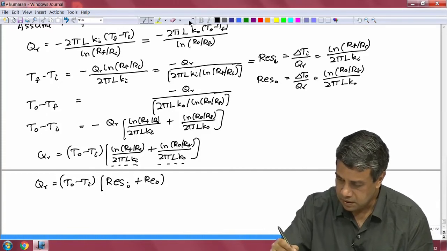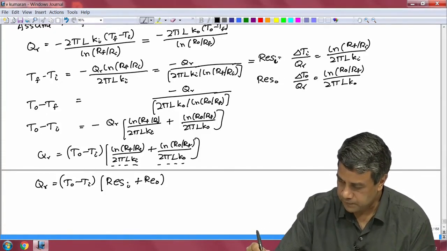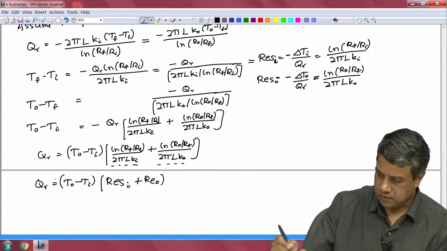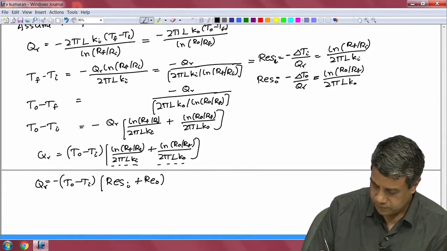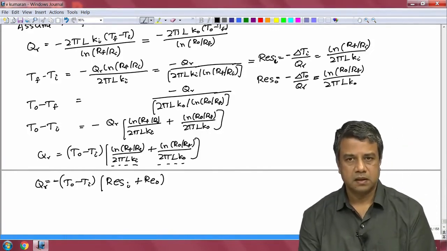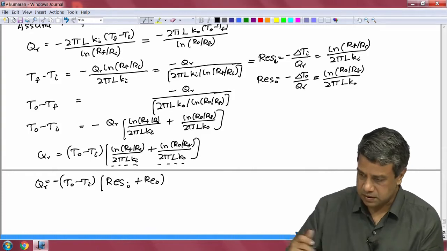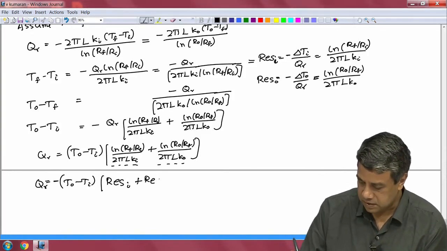So, these resistances are all defined with negative signs. So, for a series arrangement of resistances, you have to add up the resistances. The total resistance is the sum of the two resistances.